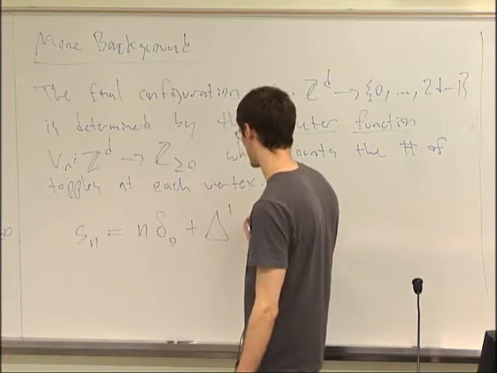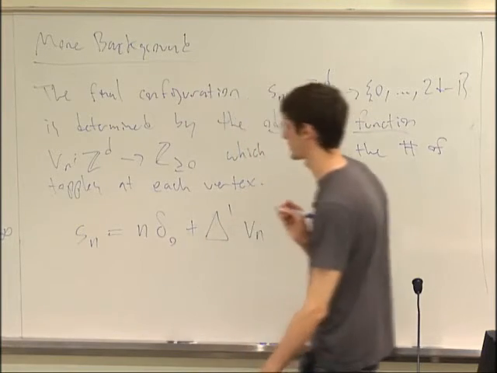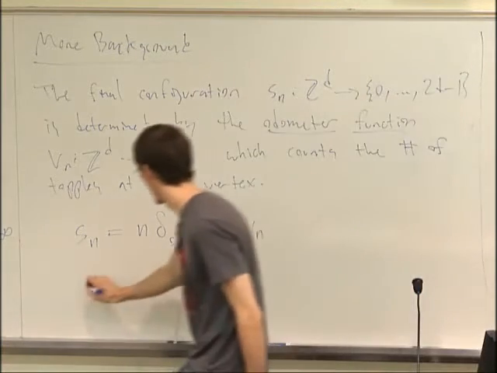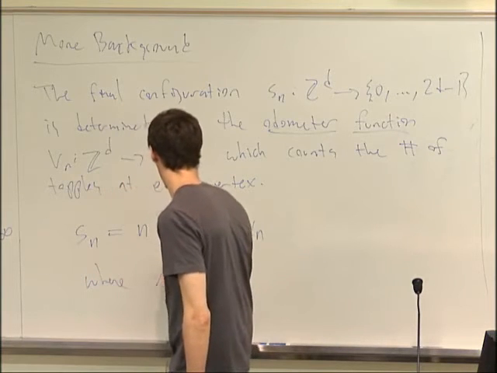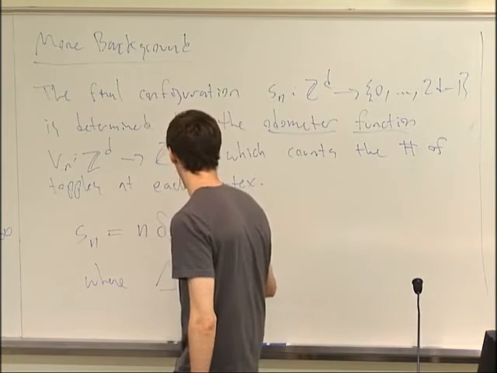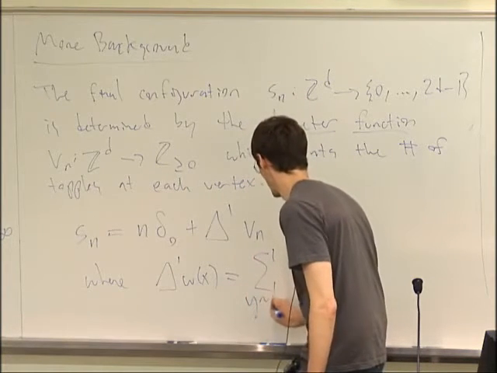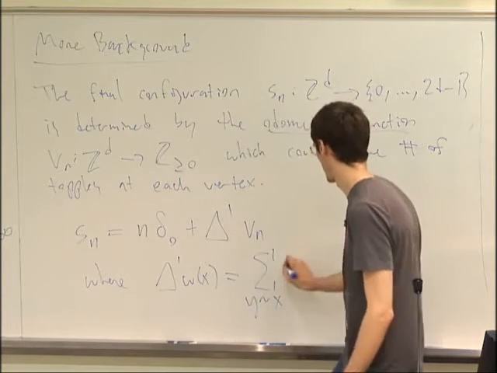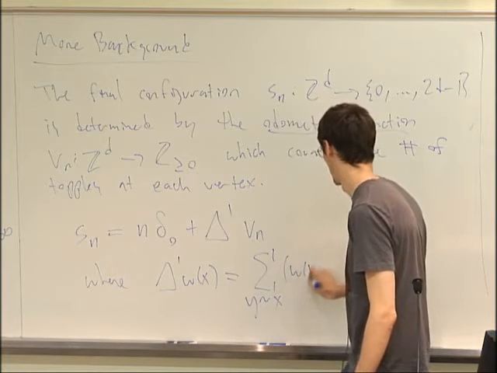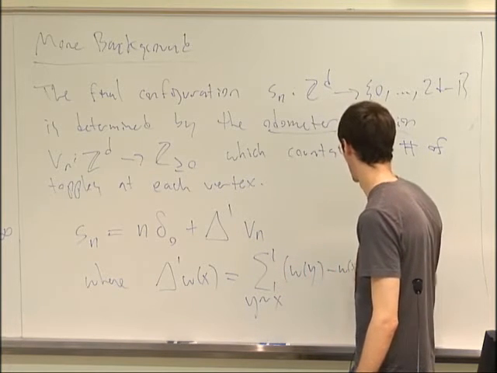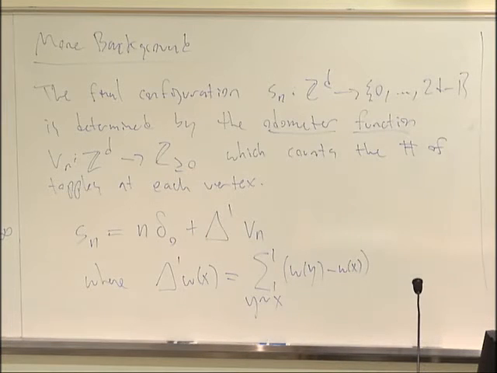This is the discrete Laplacian of the odometer function. The discrete Laplacian is just the sum over all of the neighbors in the grid of the difference between that neighbor and the center. Can you guys actually see this past the podium?